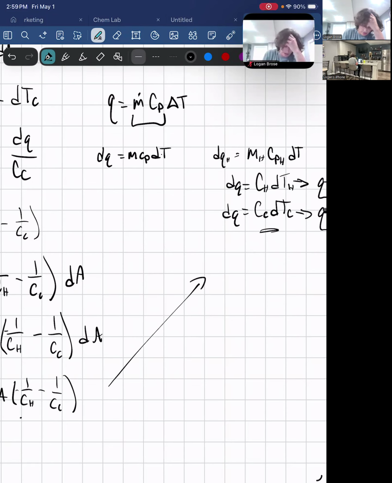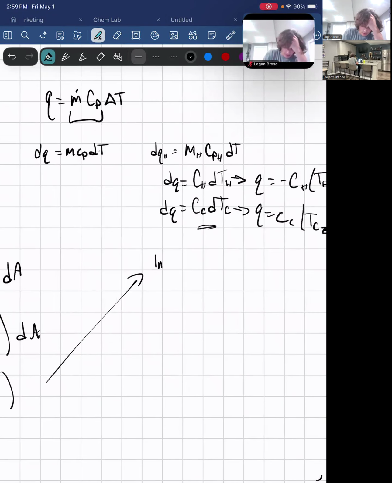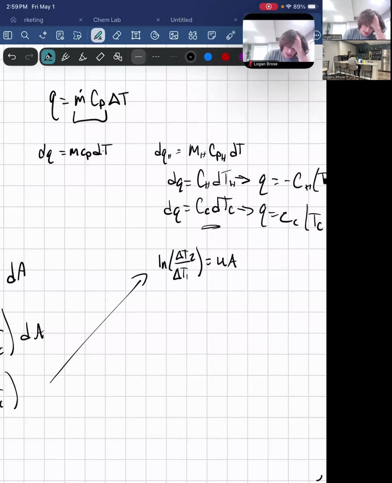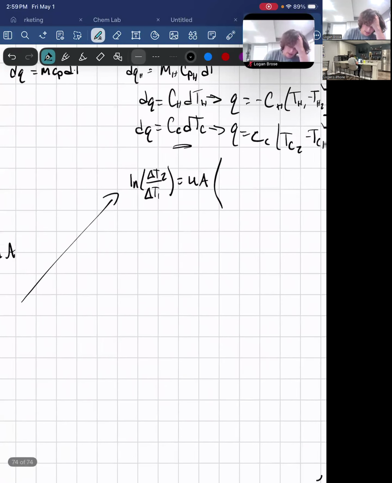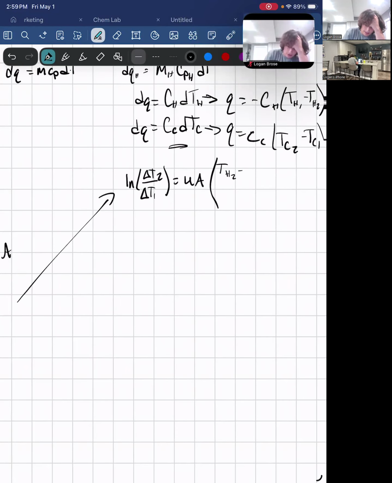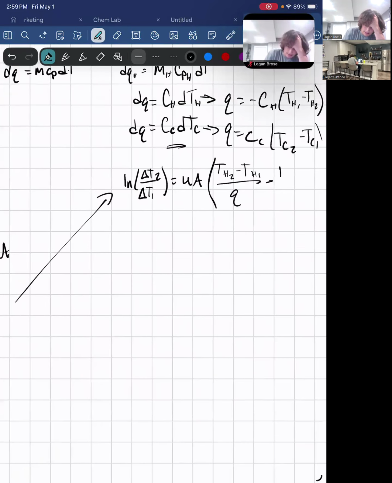When we do that, we get the natural log of delta T2 over delta T1 equals UA times TH2 minus TH1 over q, minus TC1 minus TC2 over q.